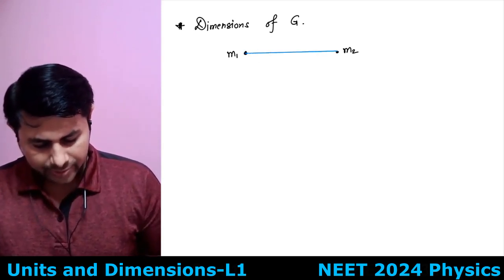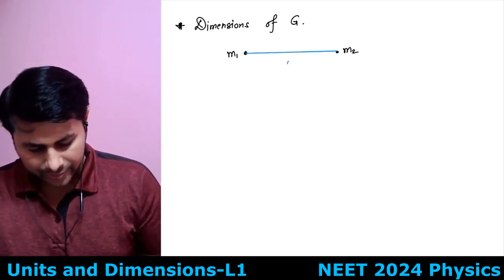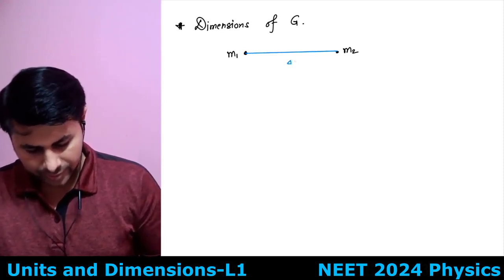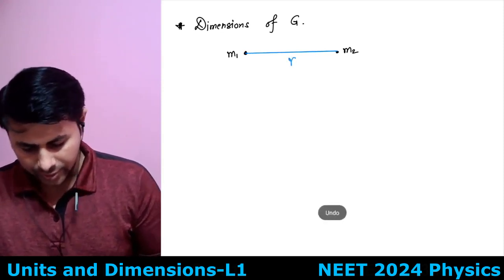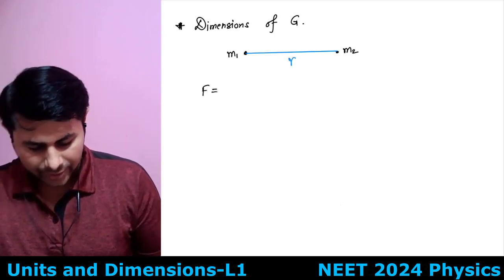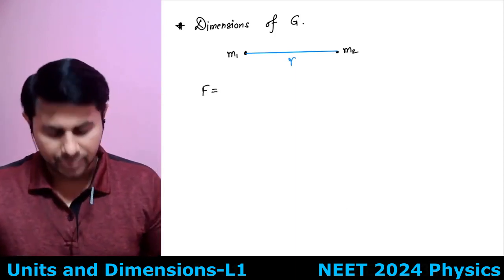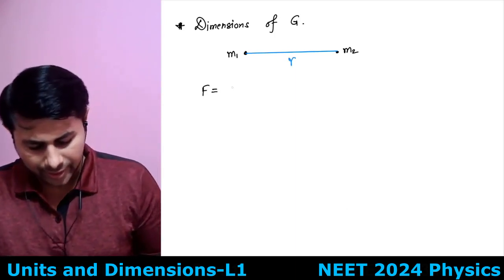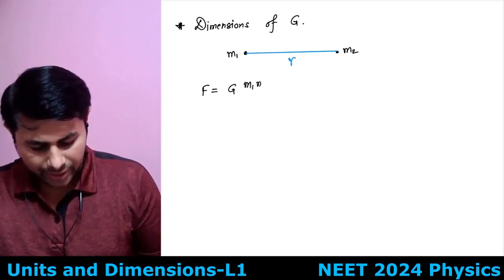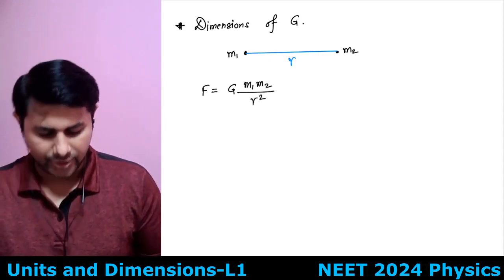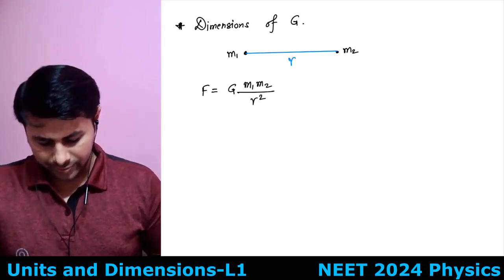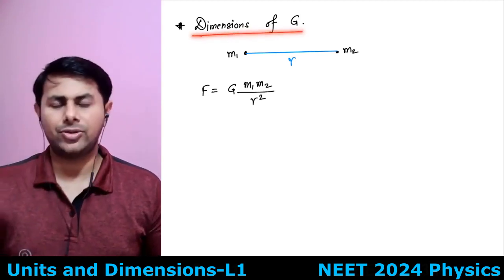Let's say the distance between the two is r. So the gravitational force of attraction between these two masses is given by G multiplied by m1 m2 over r square. And now the question is to find out the dimensions of G.